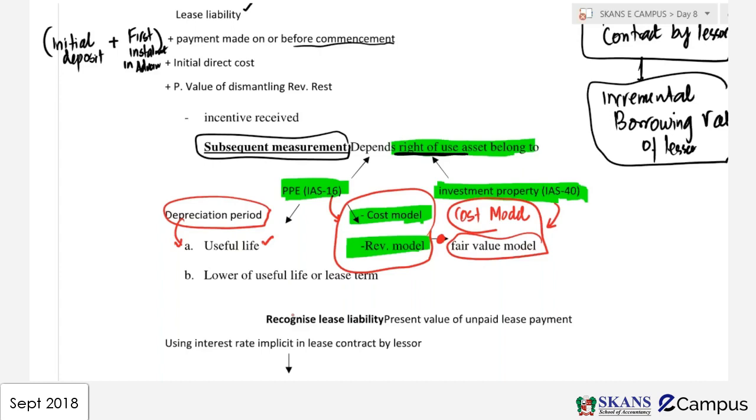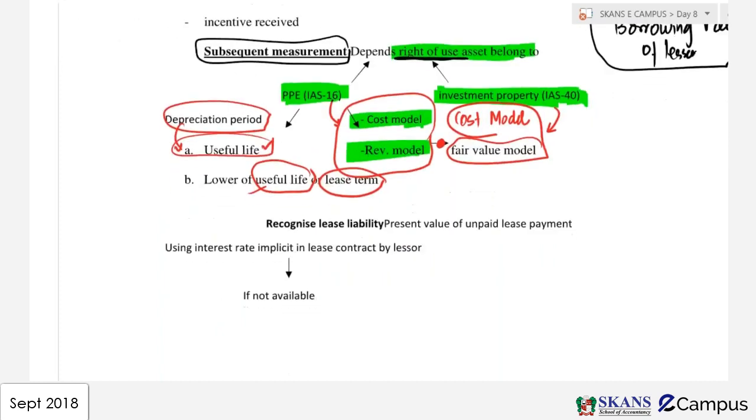If we are going to return it, we'll use the lower of useful life and lease term, because you will take the asset's benefits for the lower period. If you are not going to return the asset, then it is a simple asset and you are going to depreciate over useful life.